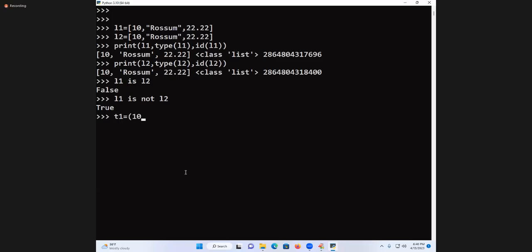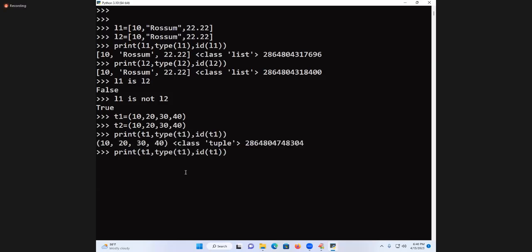Tuple also I will take, students. T1 is equal to 10, 20, 30, 40. T2 is also 10, 20, 30, 40. I'll increase the speed a little bit. Same thing. Print T1, type of T1, ID of T1. See T2 here. ID of T2 here.